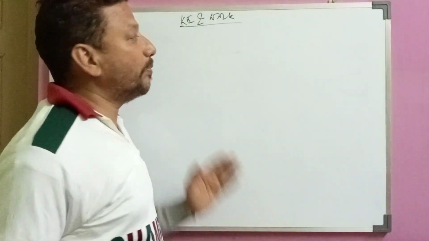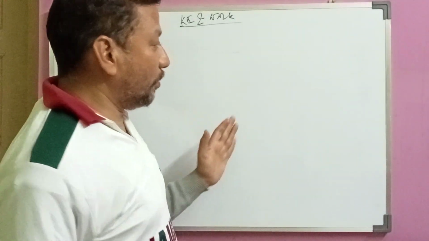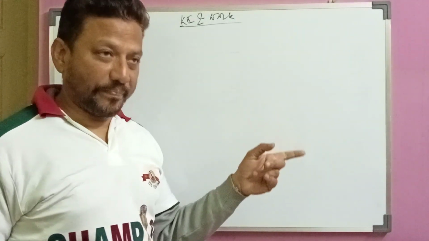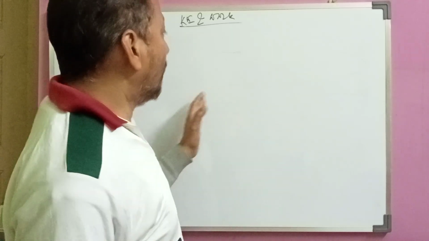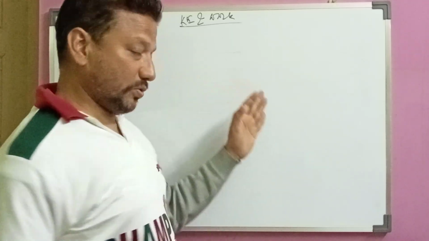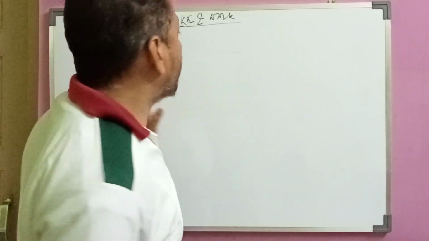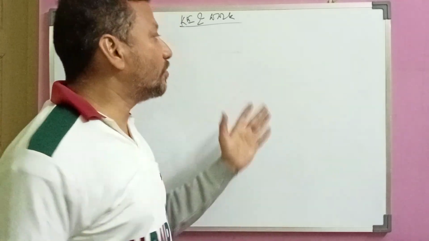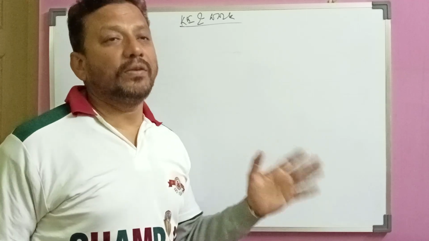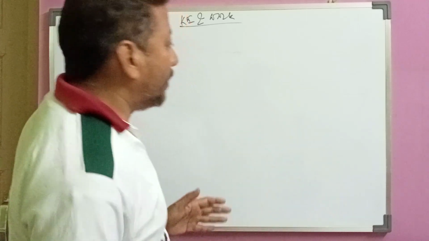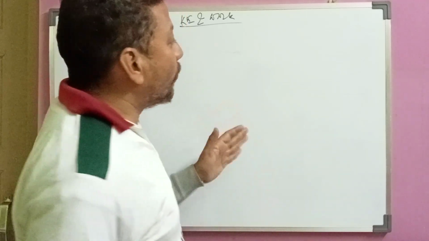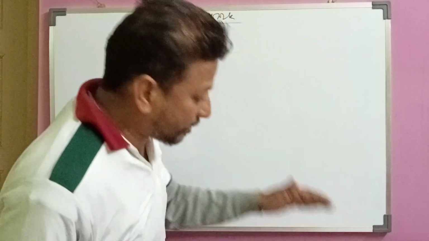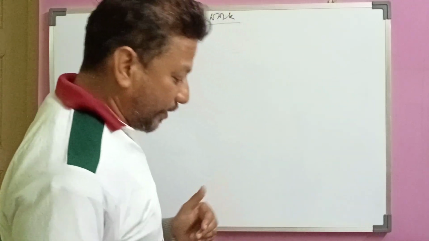As I told you before, W is equal to Fd. We denoted distance as d, F is equal to force, so W is equal to force into distance. This is in a straight line. When it covers a distance with an angle phi, W is equal to Fd cos phi. So continuously we'll conceptualize the scenario.